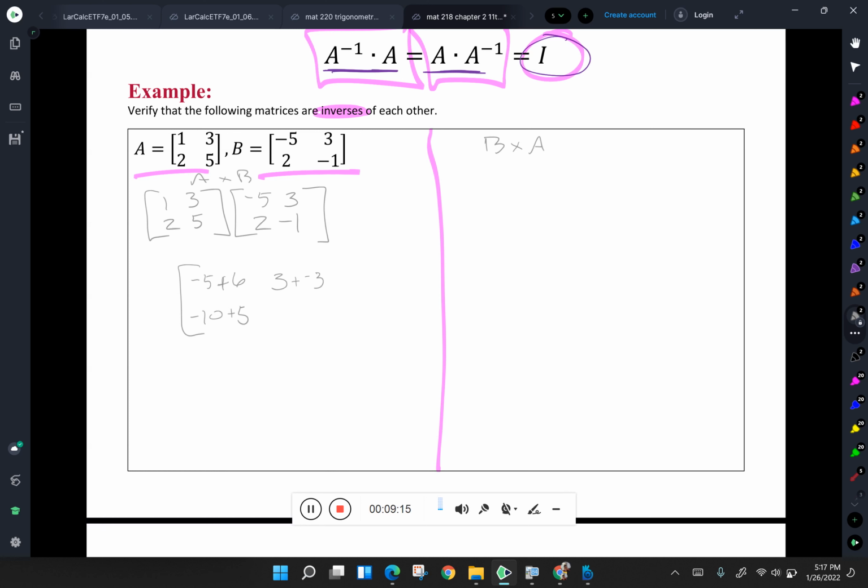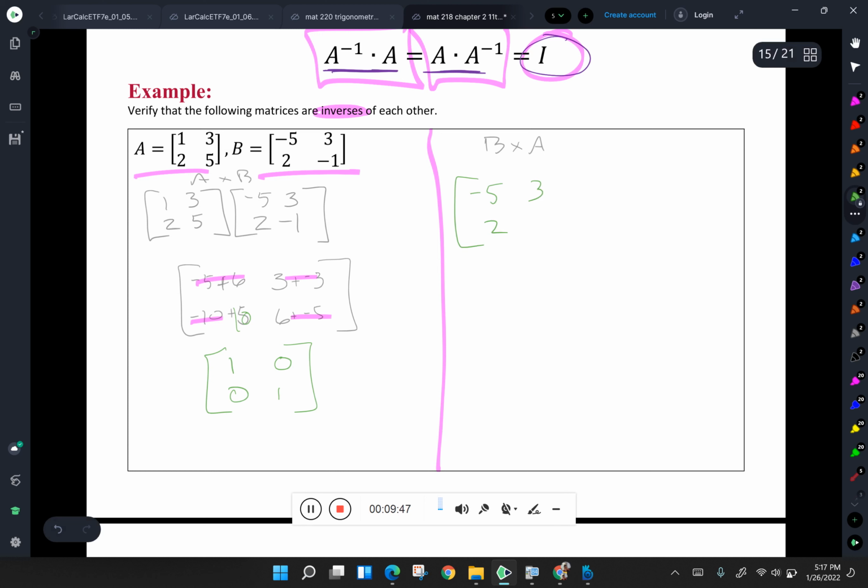Second row, second column. 2 times 3 is 6. 5 times -1 is -5. Add, see what we get. -5 plus 6 is 1. 3 plus -3 is 0. -10 plus 10 is 0, and 6 plus -5 is +1. We got the identity. So it looks like A times B gives me identity, but now I'll check B times A.